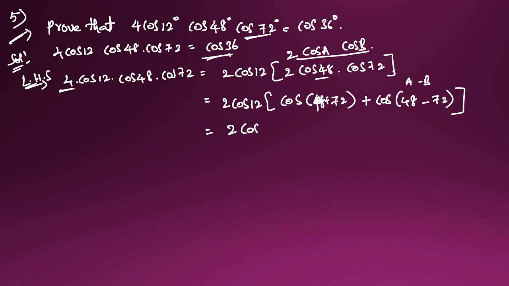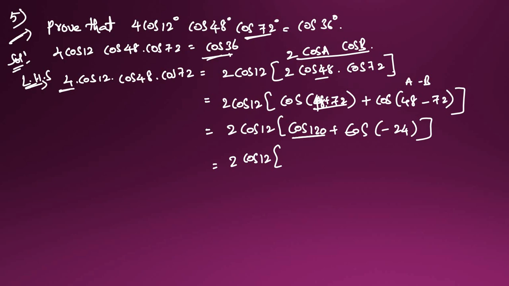This is 2 cos 12 will come here. Cos of 48 plus 72, so this is 120. So cos 120 will come here plus cos minus 24 will come here. So 2 into cos 12, cos 120 value is how much here? Minus 1 by 2.